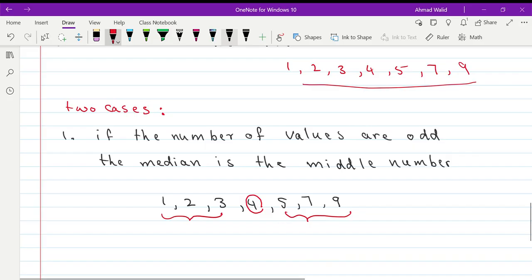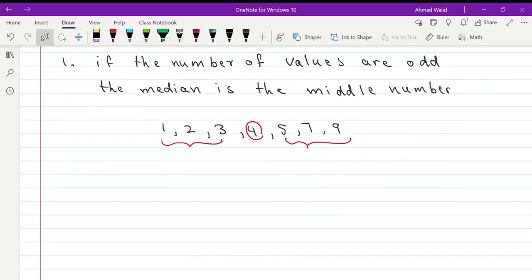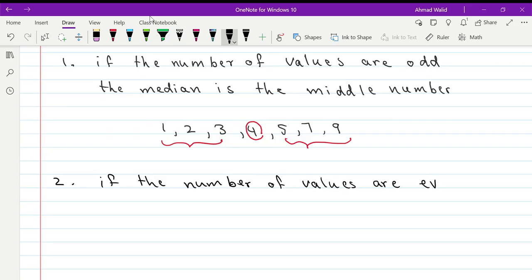Case number 2. If the number of values is even, add the two middle values and divide by 2.